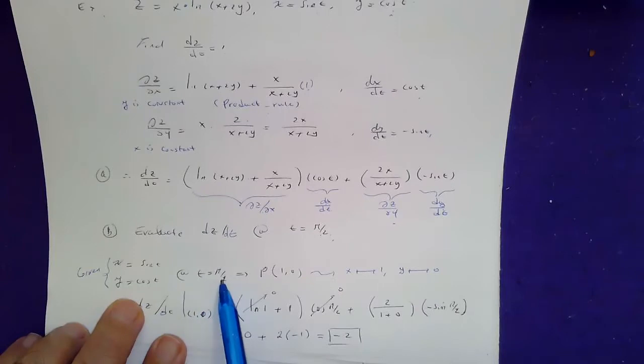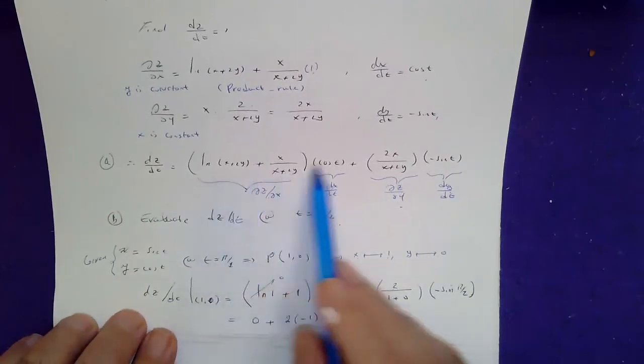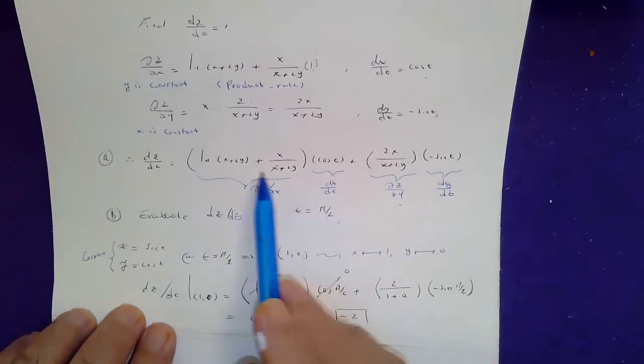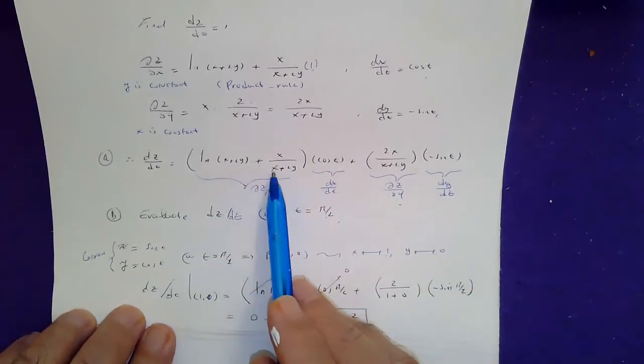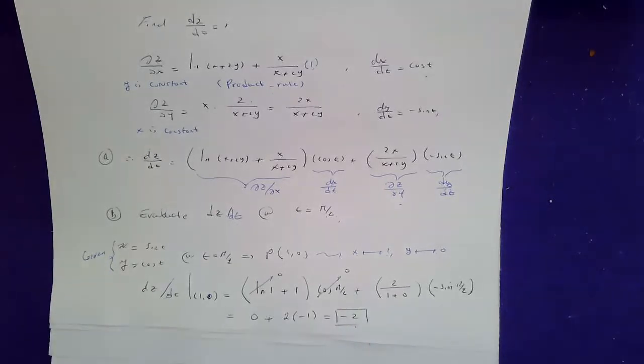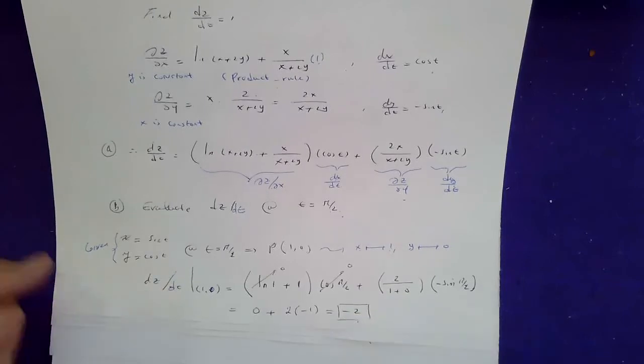So t equal to pi over 2 corresponds to (1, 0), meaning x is 1, y is 0. If you go back to this long equation and replace the x's with 1 and y's with 0, lo and behold, you get negative 2. So that indicates the rate is decreasing. So z is decreasing at this rate with respect to time.